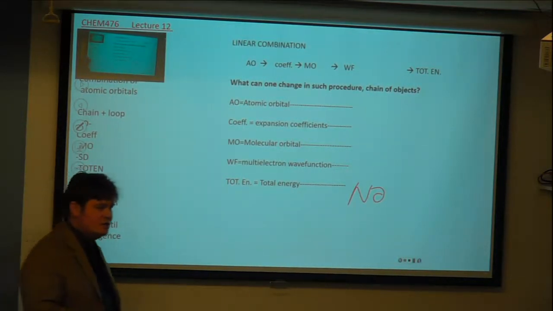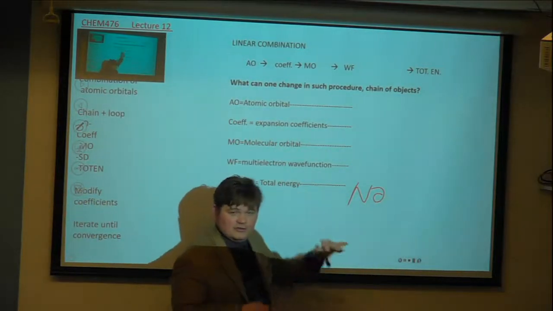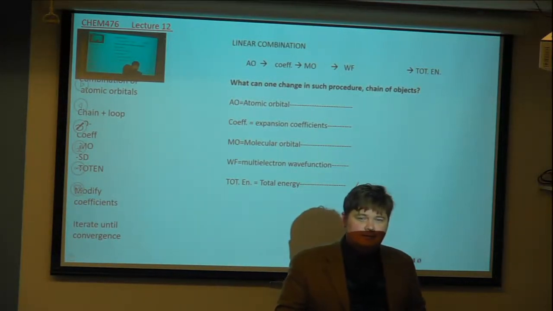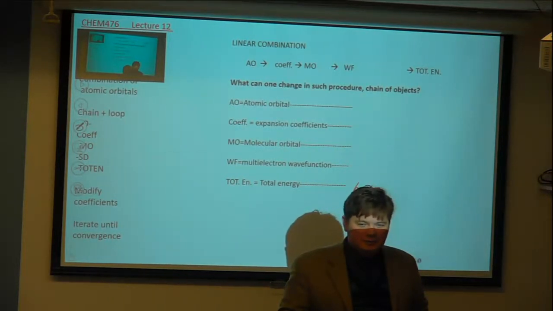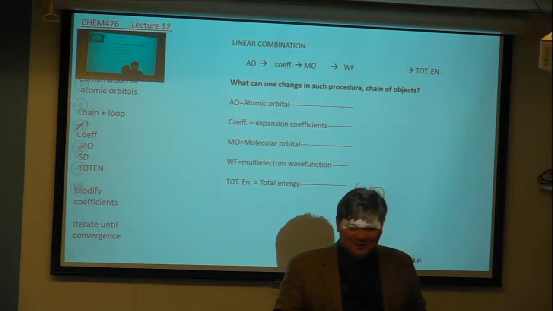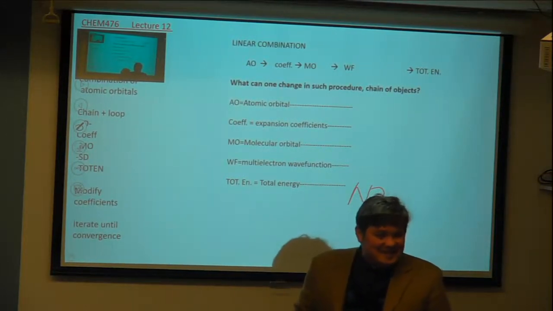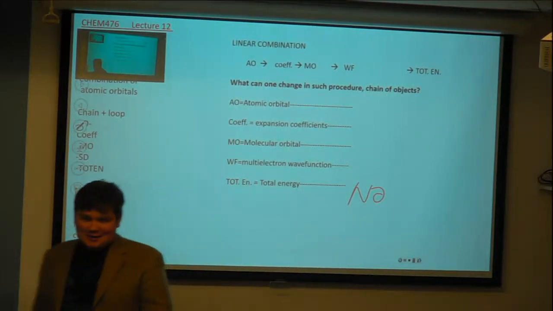Can we change atomic orbitals? Can we vary atomic orbitals? Does Schrödinger permit you to change his hydrogen atom orbitals? Well, he's not alive anymore, so he doesn't care. We can't change them, because equations will be violated.